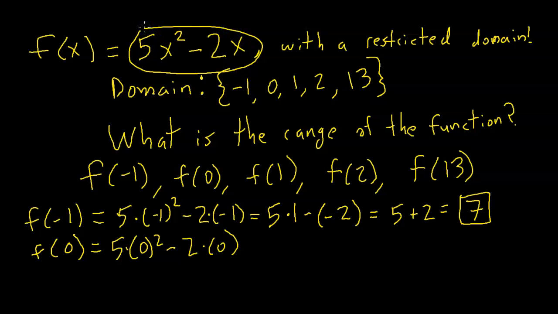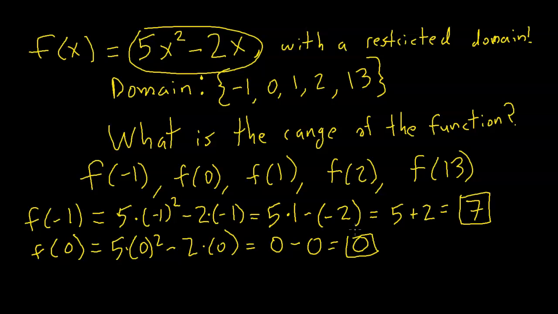When we're choosing a value of the domain and plugging it in, we're just replacing everywhere we see the variable in the formula with that value. So 5 times 0 squared is 5 times 0 times 0, which is 0. So this first term becomes 0. Minus 2 times 0 is just 0. So look at that. F of 0 produces 0. So 0 is the next member of our range.